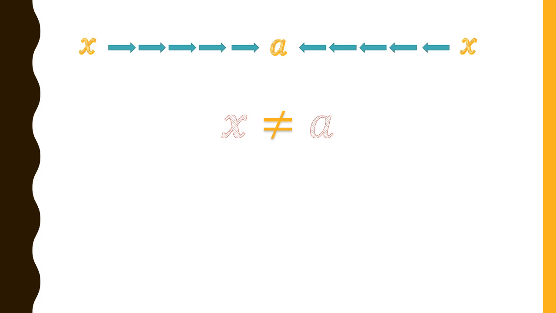Then we can say that x tends to a. Symbolically it is x arrow a, but we call it x tends to a.